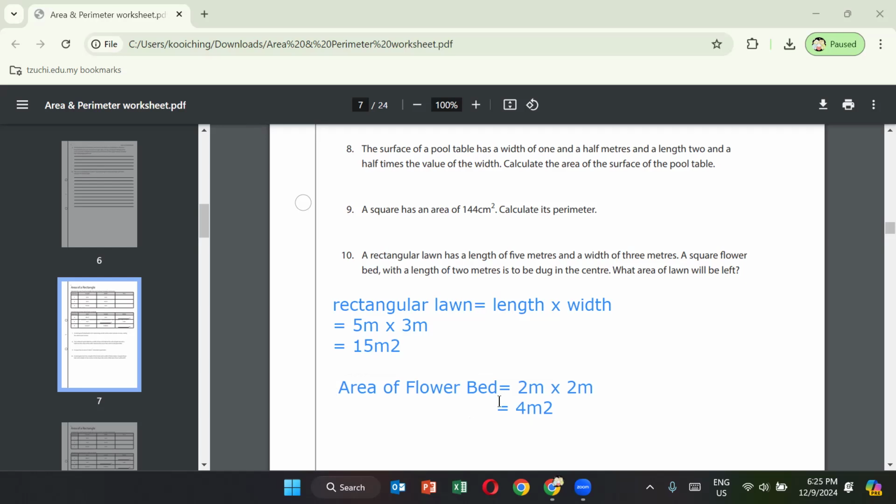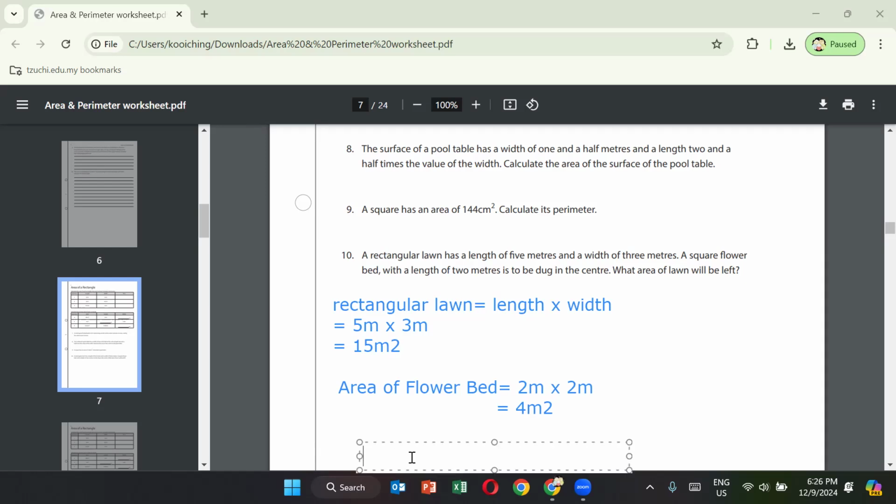And then we will be finding the remaining area. So the question says what area of lawn will be left. So by doing this, we will be subtracting the area of the flower bed from the area of the rectangular lawn.